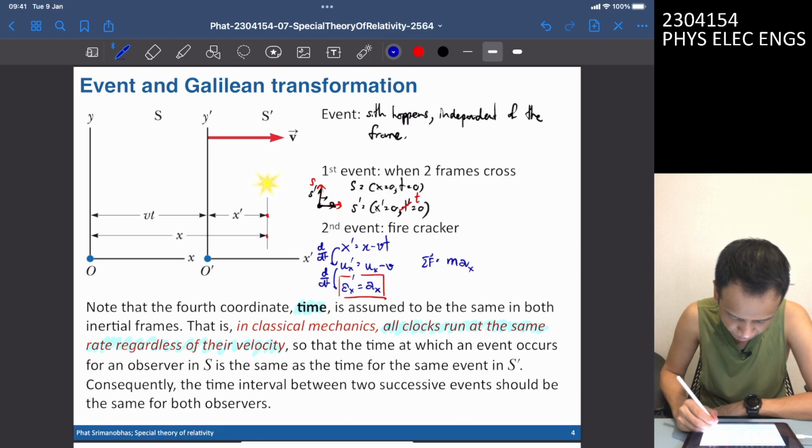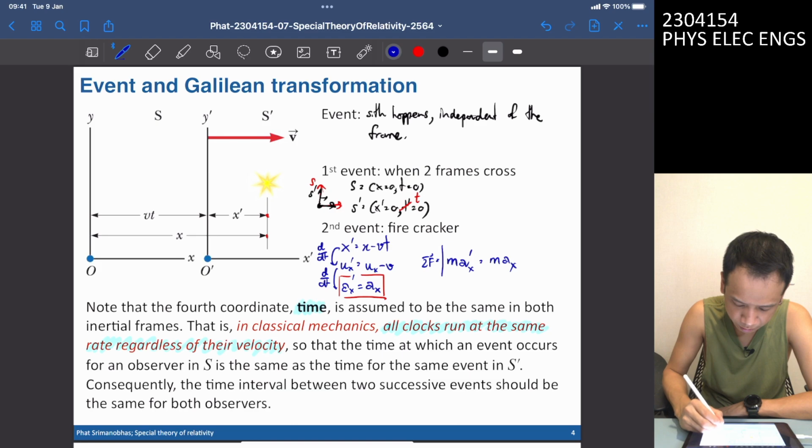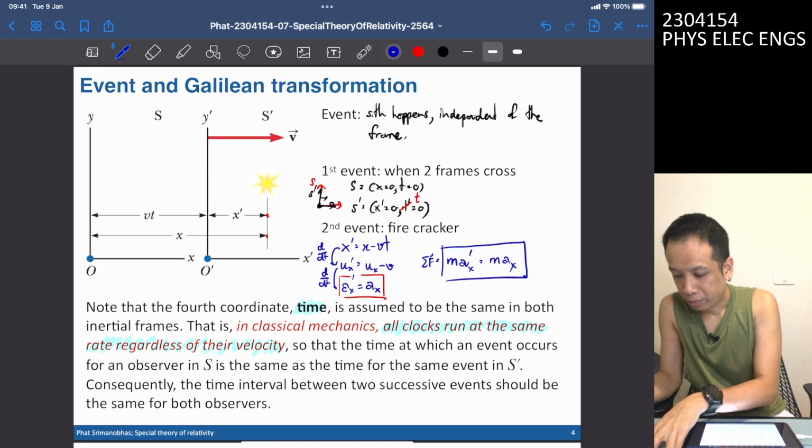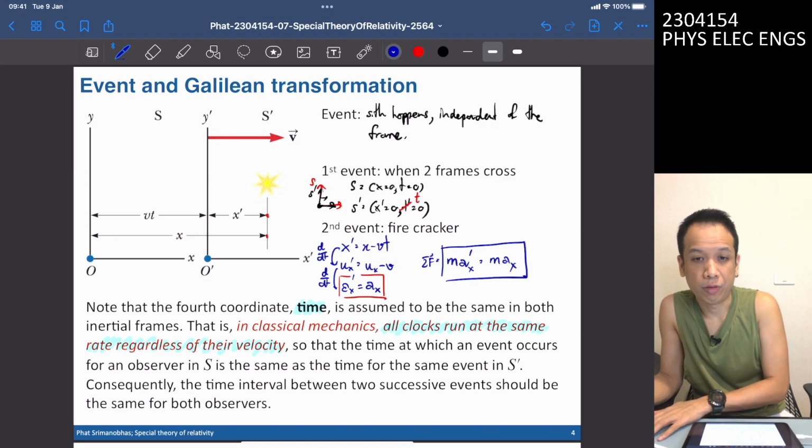So it's m ax prime and it's equal to m ax. Okay, and this is what we said before, that we can use the same laws of physics in both inertial frames.